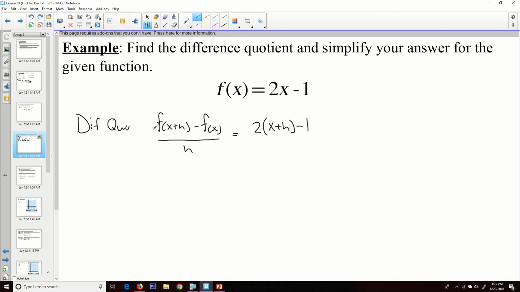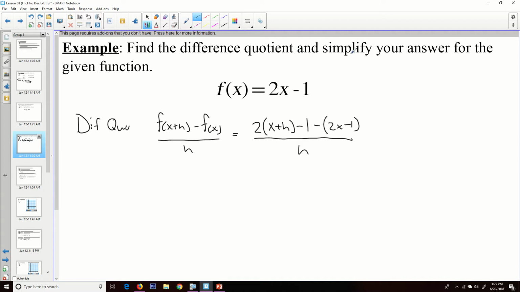So now we have just done this f of x plus h. Then it asks us to subtract f of x. Okay, so f of x is this thing, but we need to remember that we are subtracting the whole thing. And so that I remember that, I'm going to put it in parentheses. So f of x was defined as 2x minus 1, and we'll leave that, and it's all over h. Now that is finding the difference quotient.